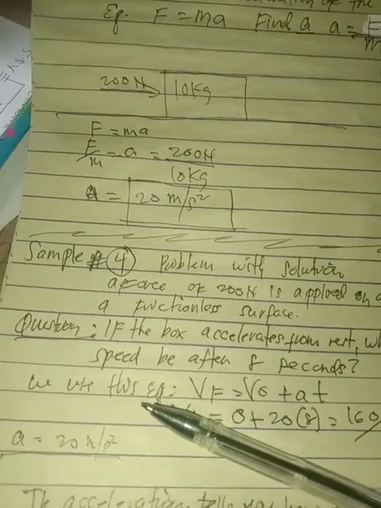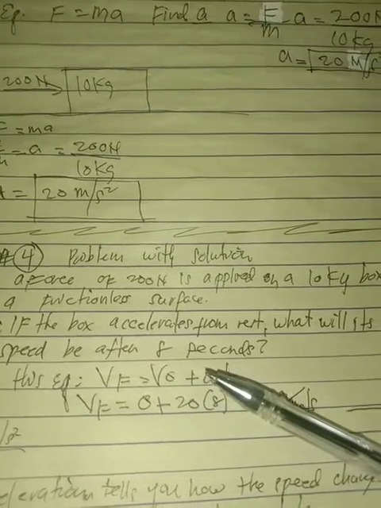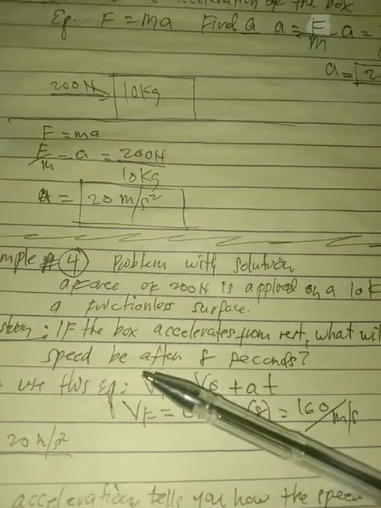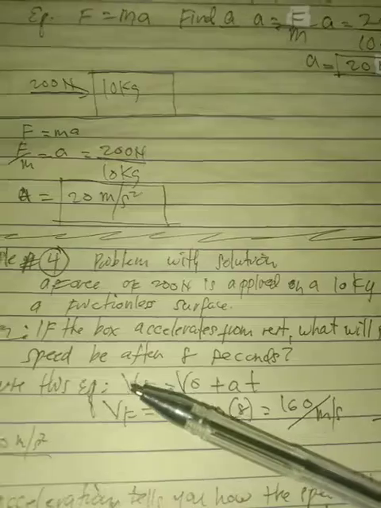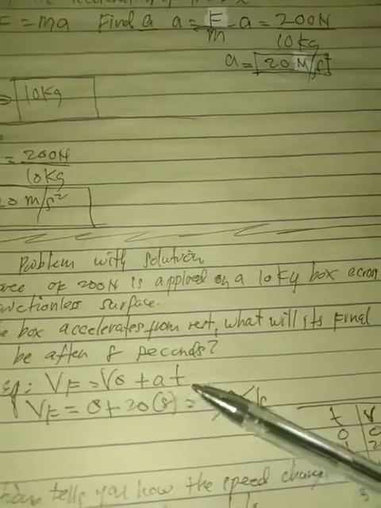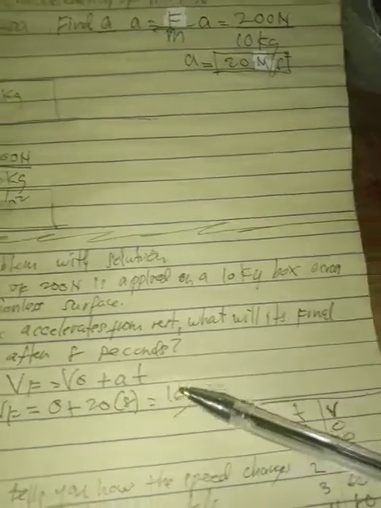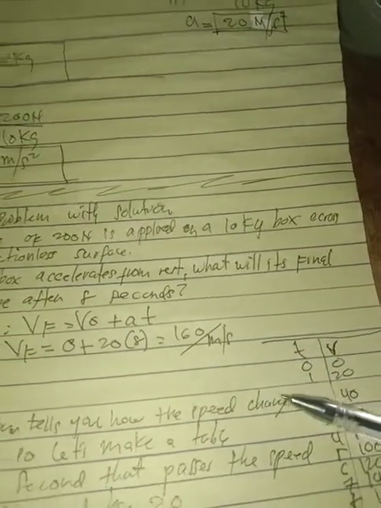So what we are going to do here to get the final speed after 8 seconds, before we use the equation, is make a table first.